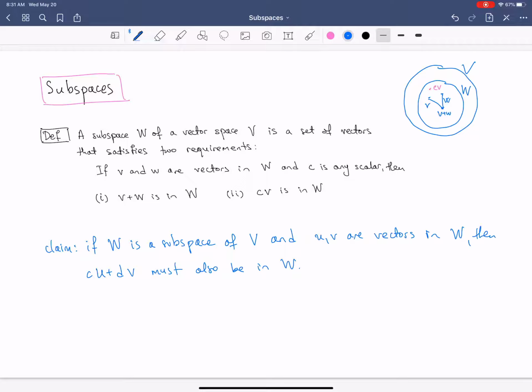It could be anything. Why is this the case? Why can we conclude this from rules 1 and 2?